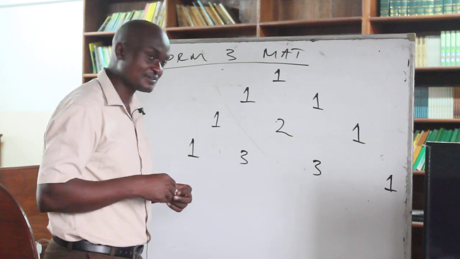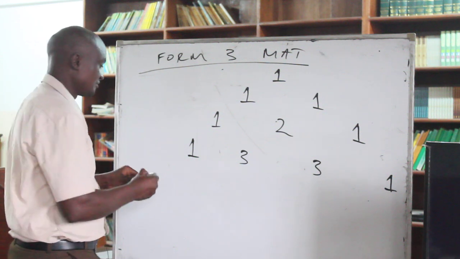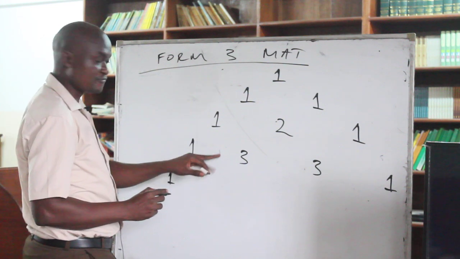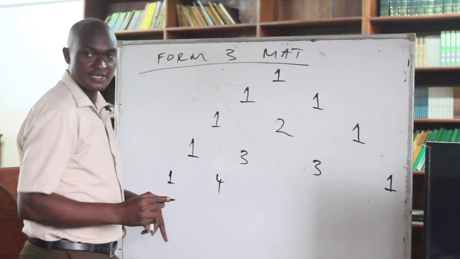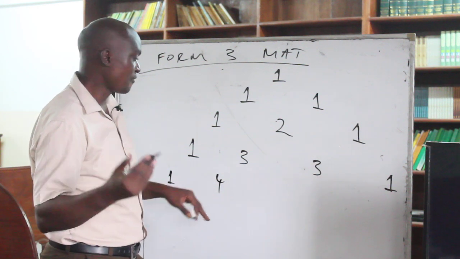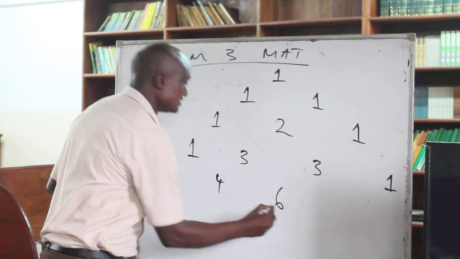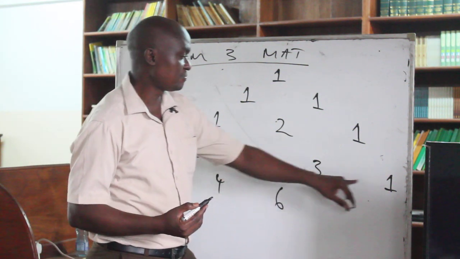How did Pascal discover that? The first coefficient is always 1, so 1 plus 0 is 1. The next coefficient will be 4, since 1 plus 3 is 4. The next coefficient when expanded by power 4 is 6, since 3 plus 3 is 6. The next one is 4, since 3 plus 1 is 4.